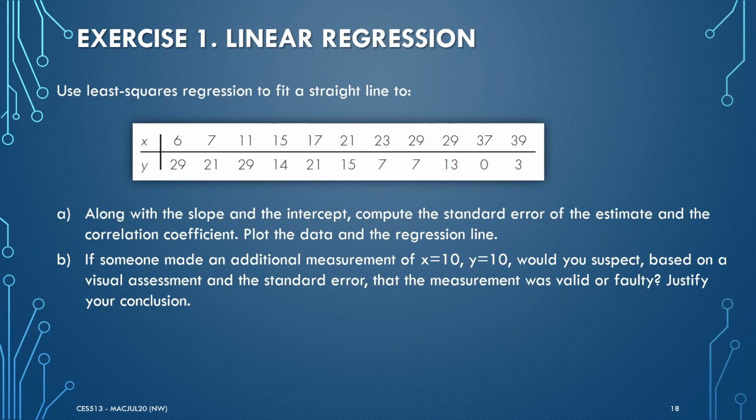Plot the data and regression line. B, if someone made an additional measurement of x equal to 10 and y equal to 10, would you suspect, based on a visual assessment and the standard error, that the measurement was valid or faulty? Justify your conclusion.